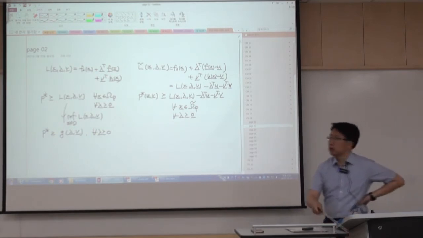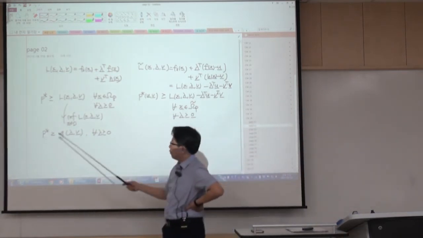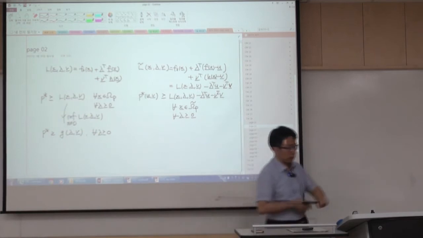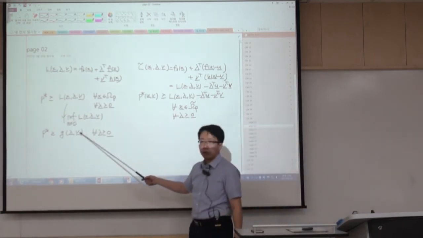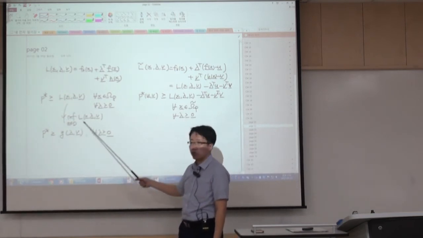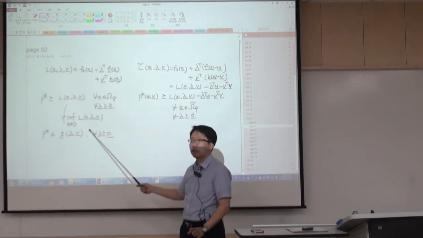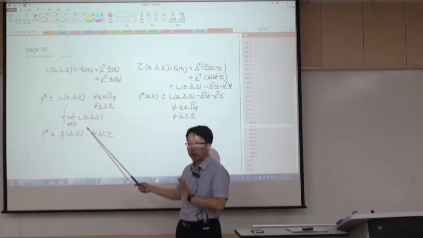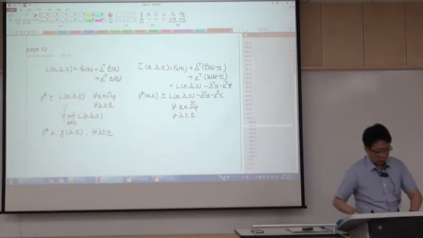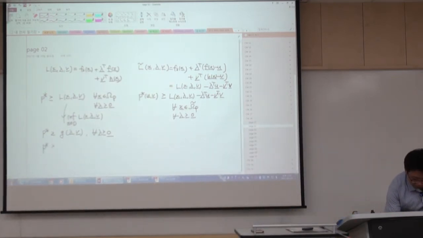Now, this holds for all lambda non-negative and any nu. So we may maximize this g, and that is what? That is the dual maximization problem. And this is defined as d star.